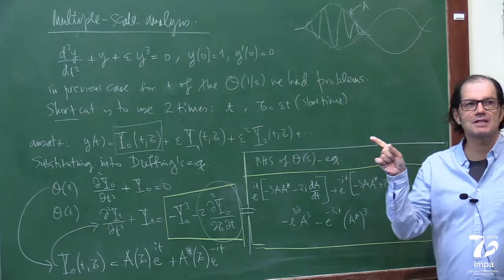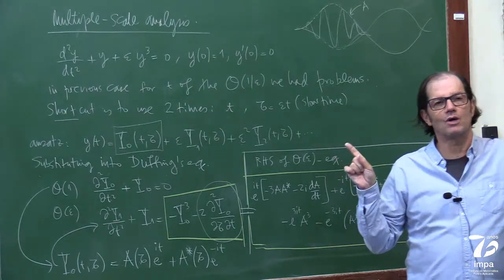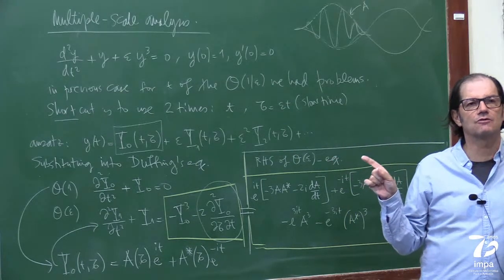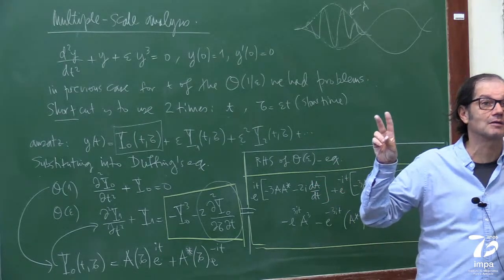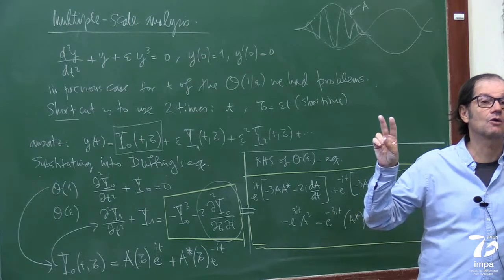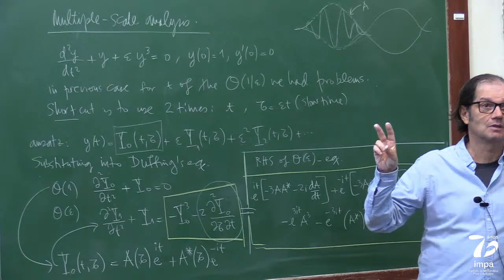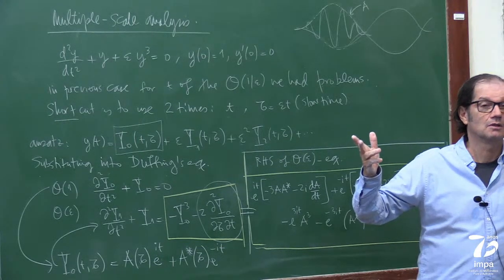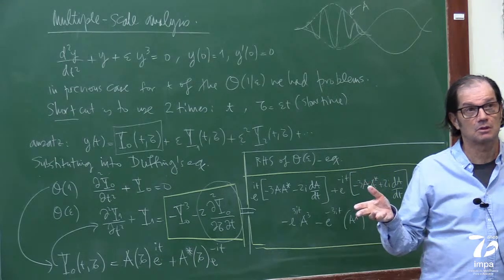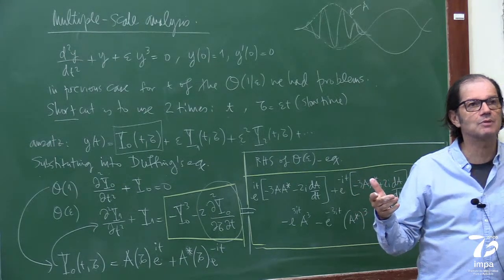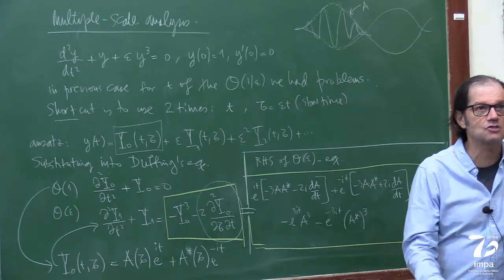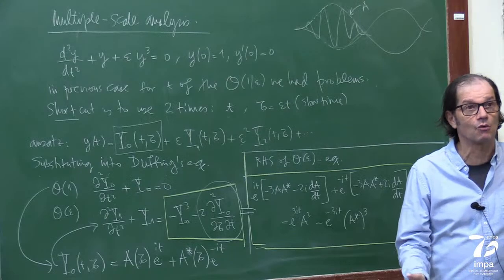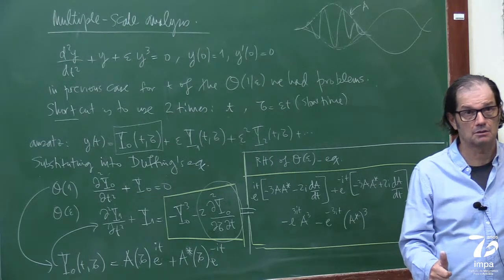So we already saw something that gives us a headache. What gave us a headache in the other strategy? The formal one that did not use two timing, did not use a multi-scale in time. It was just one scale. We had secular terms. Secular terms were bad because they generated growth at intermediate stages, where there should not be growth, right?